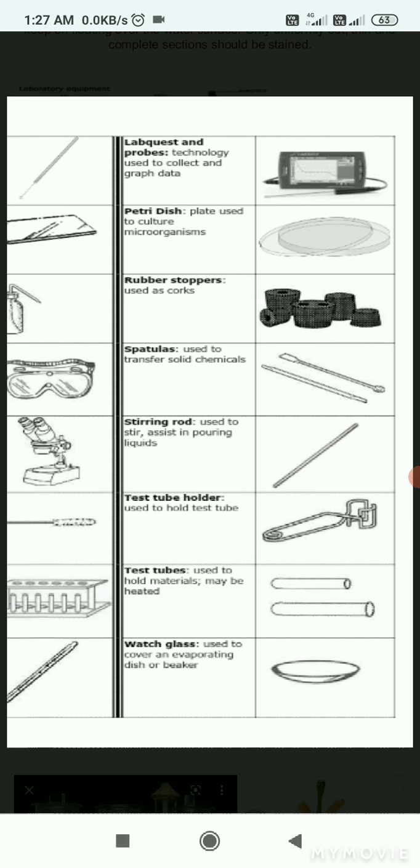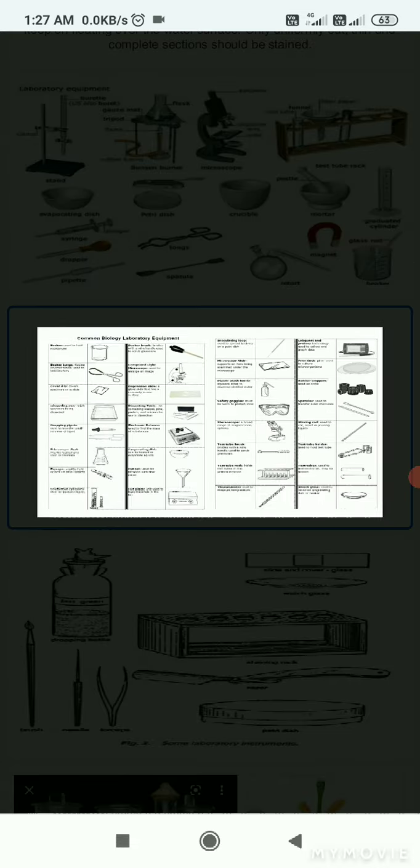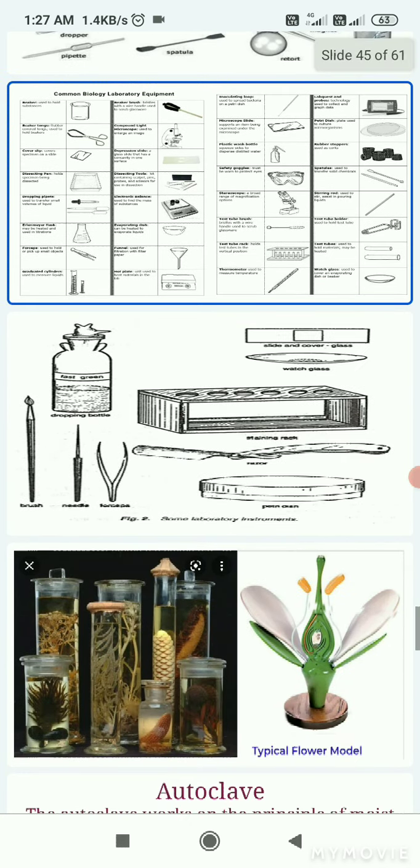This one is the test tube holder, and these are test tubes of different sizes, and this last one is the watch glass. So all these are some instruments and apparatus which are used daily in a laboratory. These are the dropping bottles.